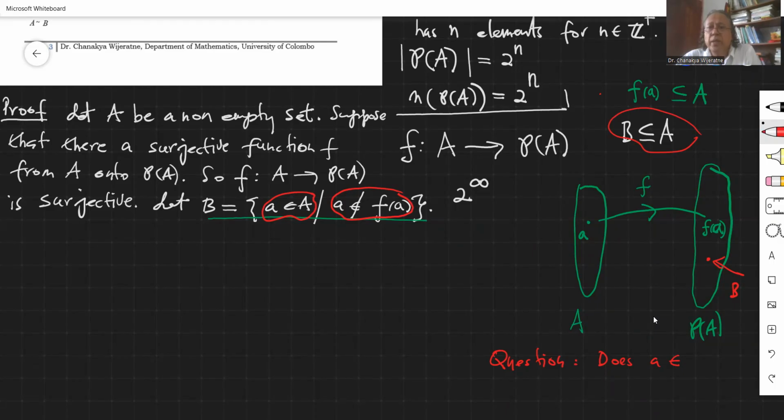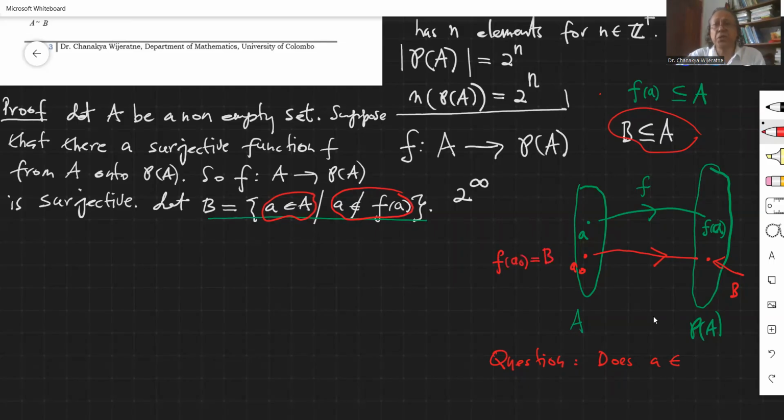Now there is some element here, a naught, which this f assigns to this. In other words, f of a naught is equal to B, right? Because f is onto.